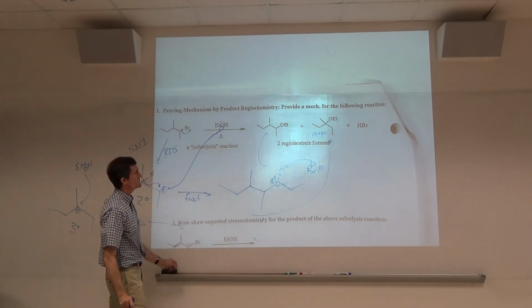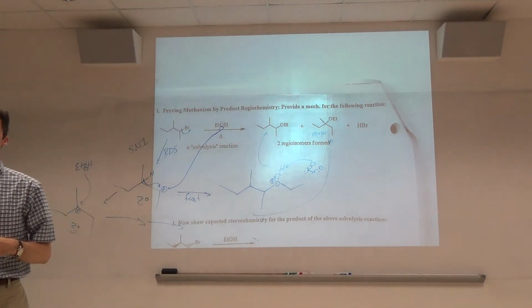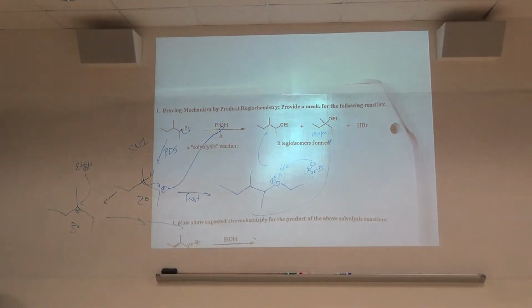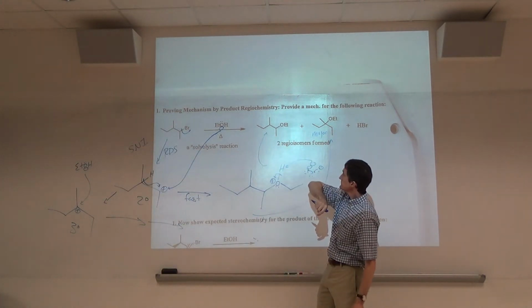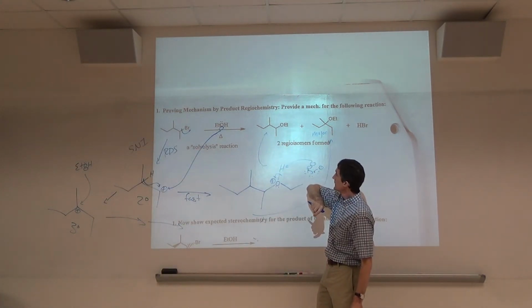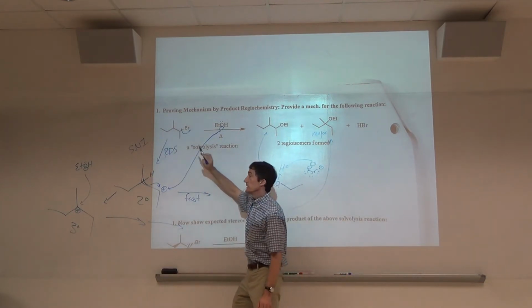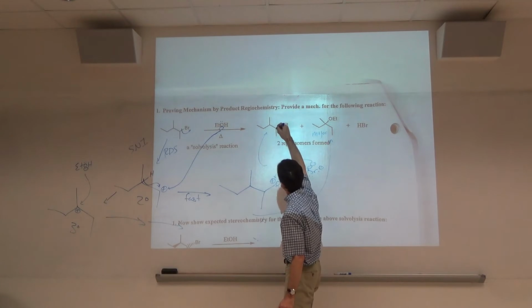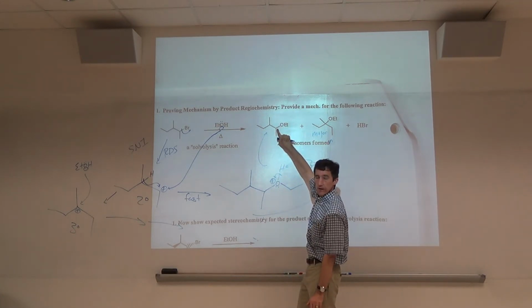What about stereochemistry? Major product. Do we have to be concerned with stereochemistry? No, there's no chiral carbon. The carbon with the oxygen is not chiral. What about over here? Well, that's chiral. I'm not telling you what it is, so you can't deal with it. Here, though, what type of outcome are we going to have?